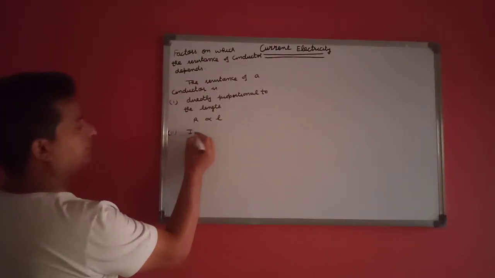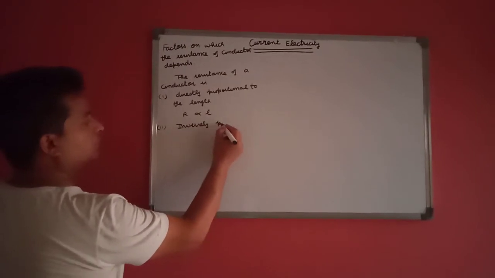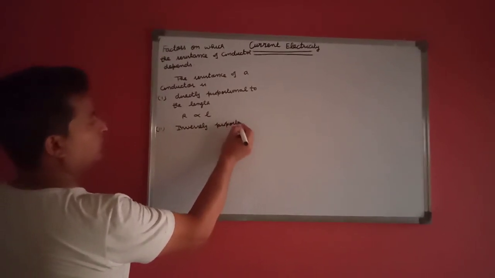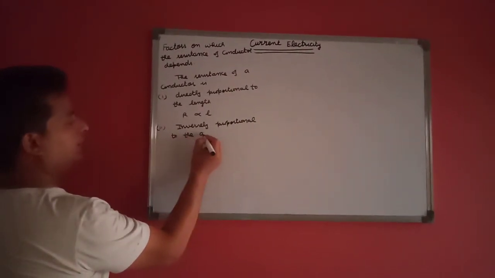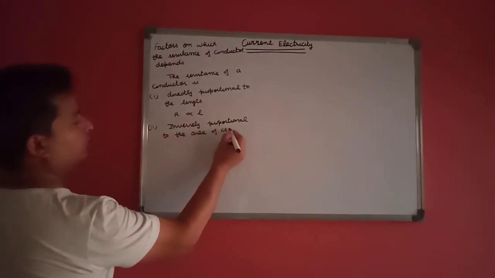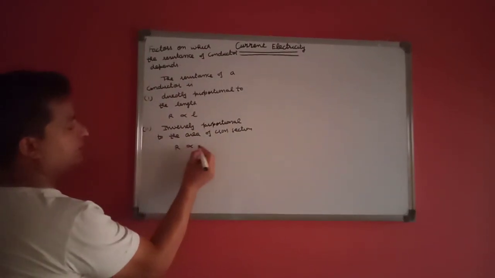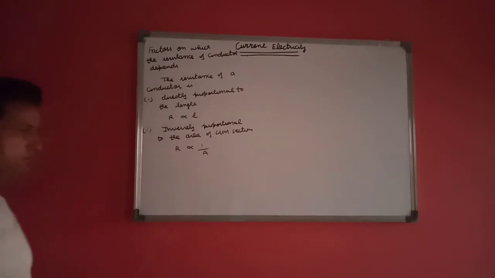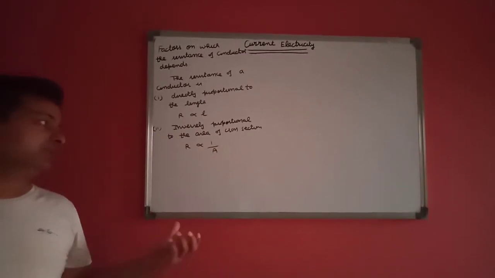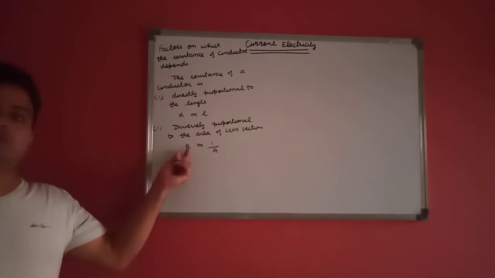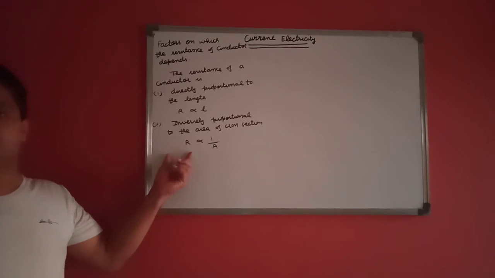Second, it is inversely proportional to the area of cross section. This means R is inversely proportional to A. That's if the wire is of large area, that's a thick wire, its resistance is small. In case of a thin wire, the resistance is large.